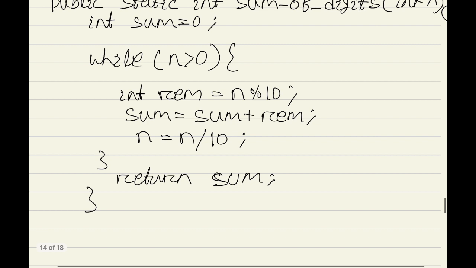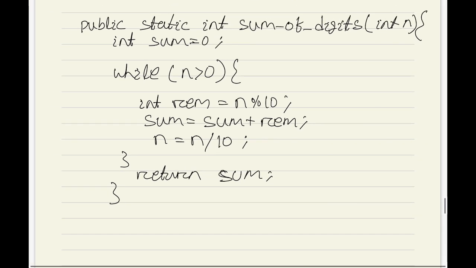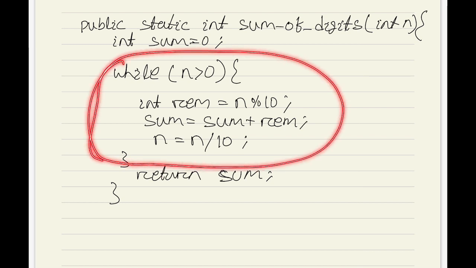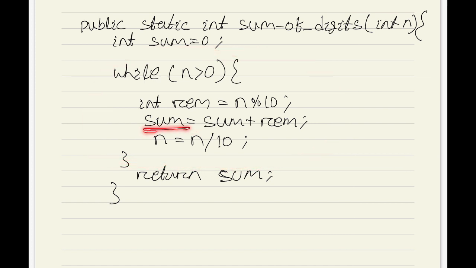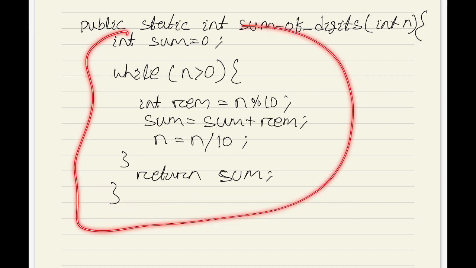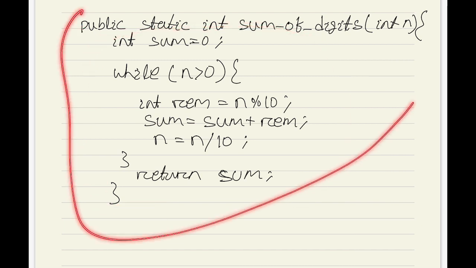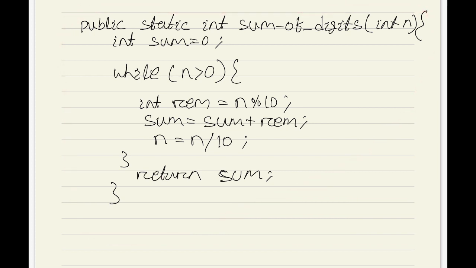After the value returns, we give the closing braces. Here you can see this is the loop. In this loop we are computing the value of the sum. Sum here represents the sum of the digits, and this is the method header, or we can say the complete method is like this.